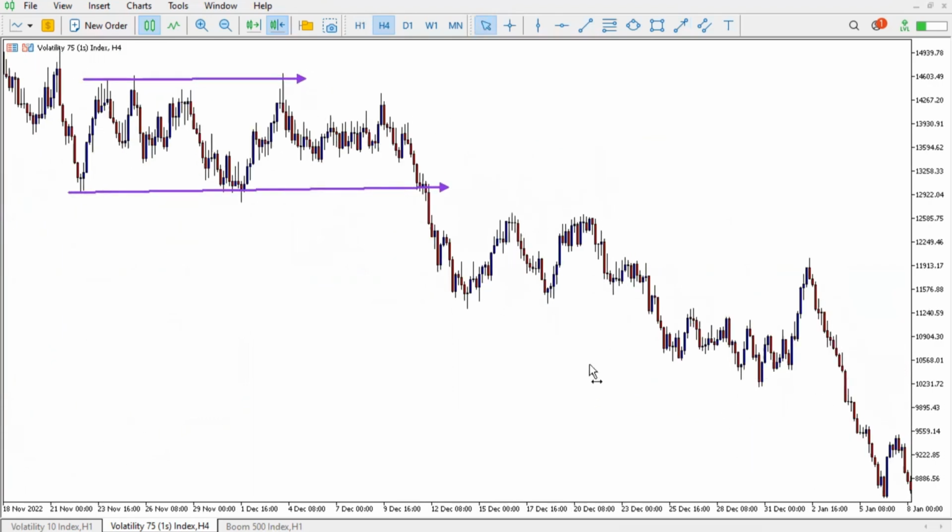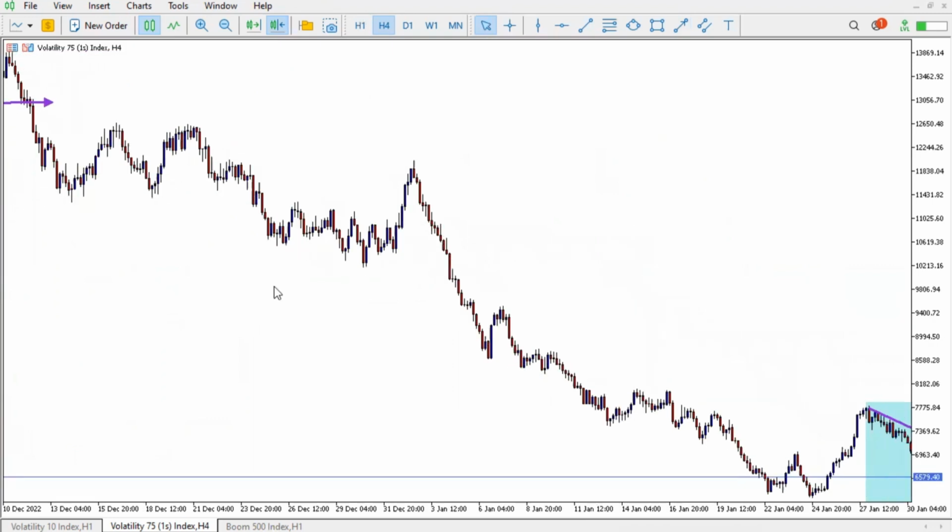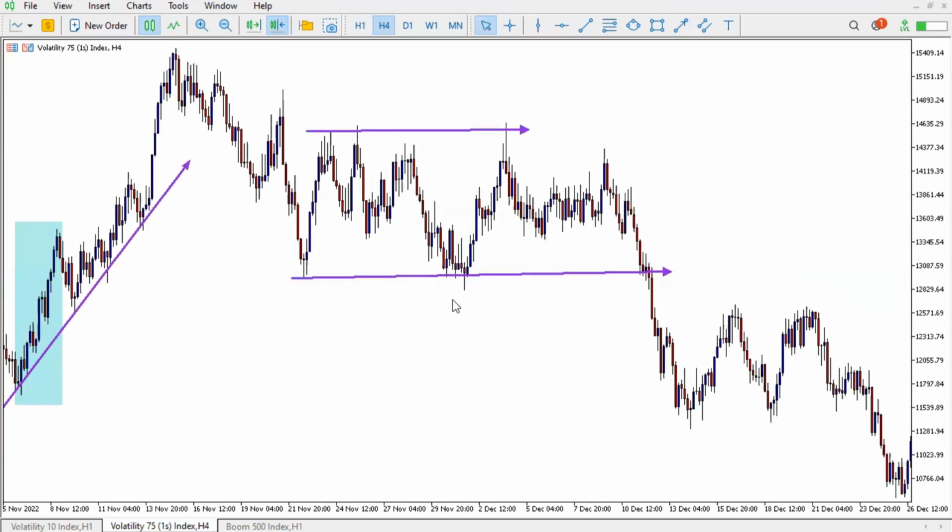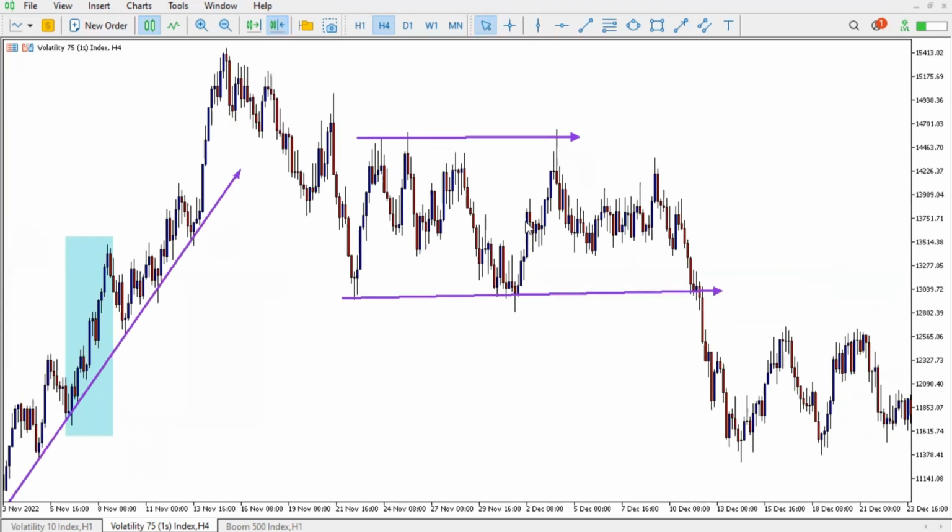Are you seeing it? So when the price breaks a range downwards, it will sell. If it breaks it upwards, it will buy. Is that clear? So this particular third one did not come to it exactly.